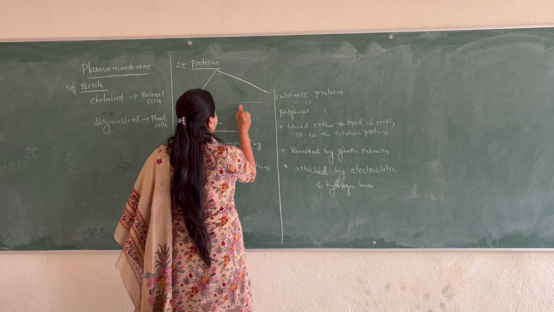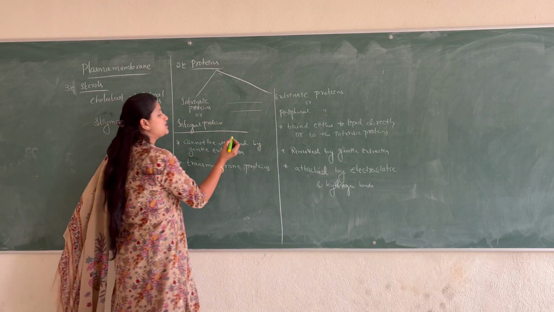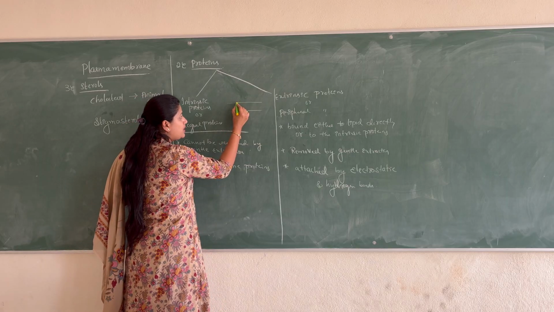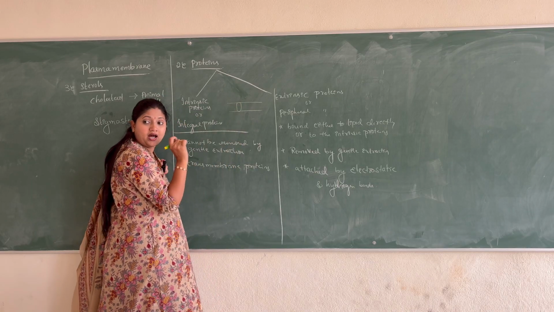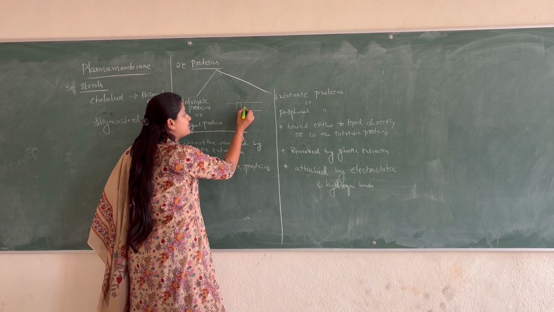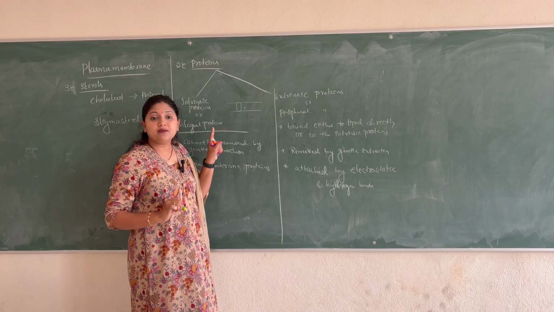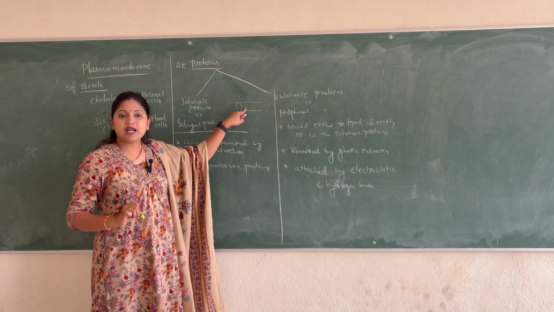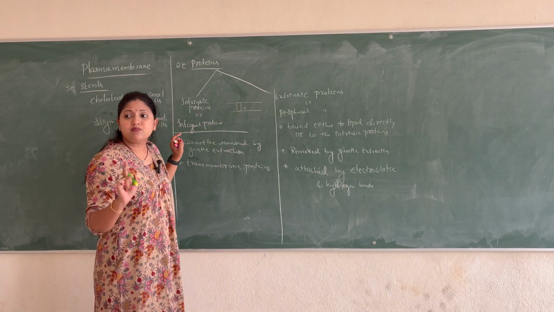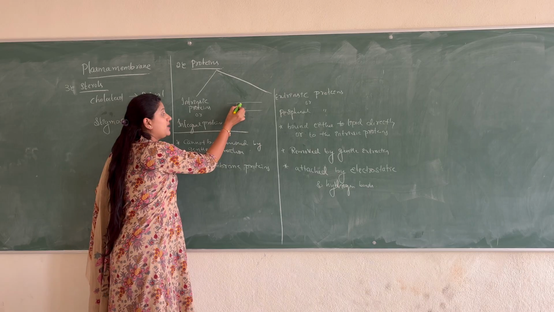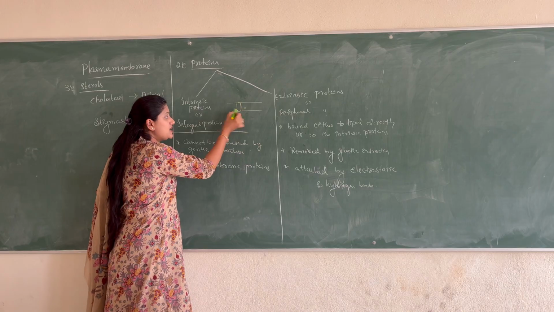Transmembrane proteins means, if this is a membrane, let us imagine this is a bilipid layer, the protein should be passing through both the membranes like this. There are some integral proteins which are present like this. These cannot be called transmembrane proteins. This is just an integral protein. A transmembrane protein should cover both membranes.